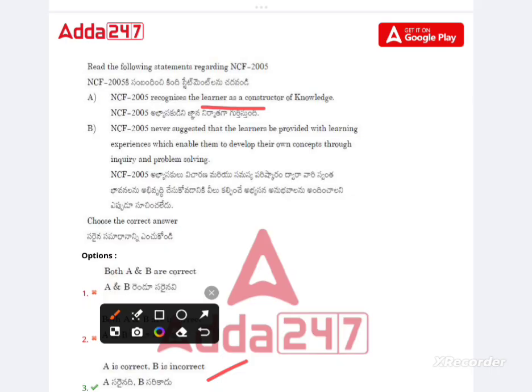3. In this, A is correct. NCF 2005 recognized the learner as a constructor of knowledge.